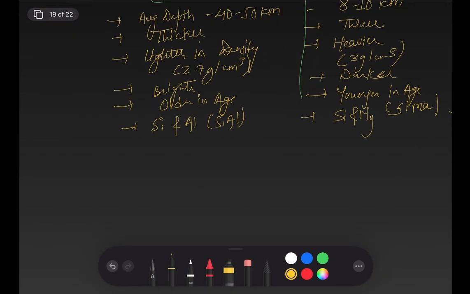Now let's understand mantle. Mantle extends from the crust up to 2,888 kilometer inside the earth. It is also divided into upper mantle and lower mantle.